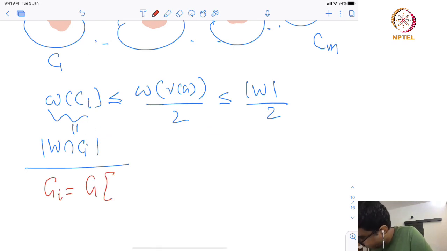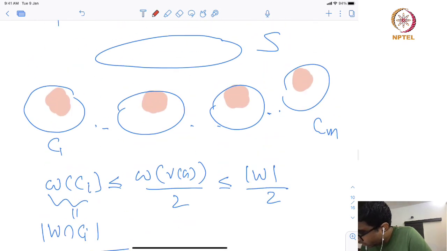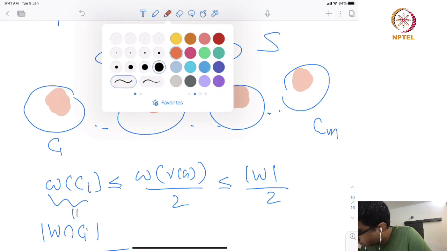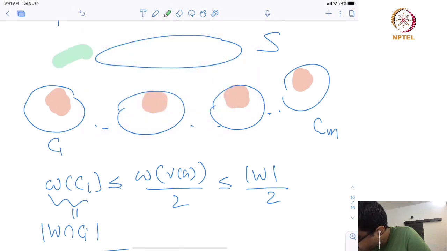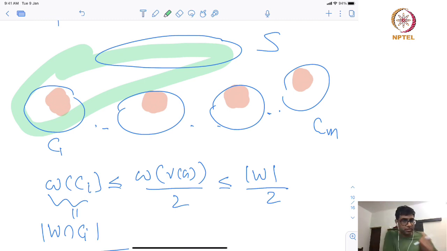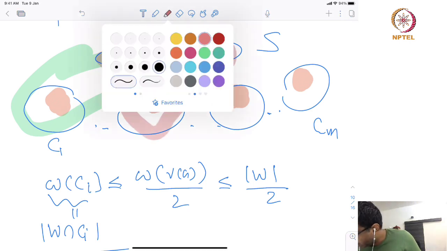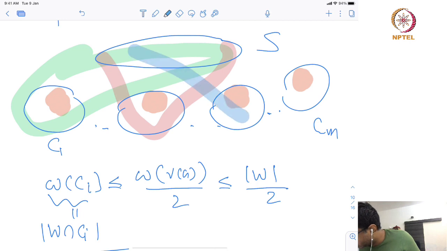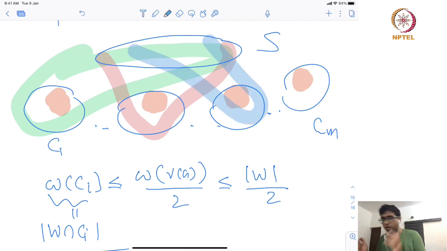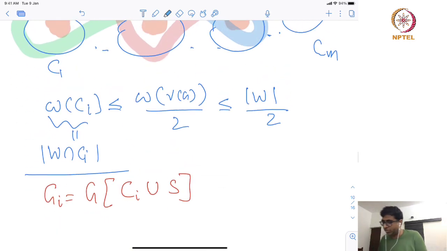It is the graph G restricted to Ci union S. So what we have done here is that we are taking this as one piece of the graph. I'm going to decompose this as one piece, and this as one piece, and so on and so forth. So this is what Gi means.